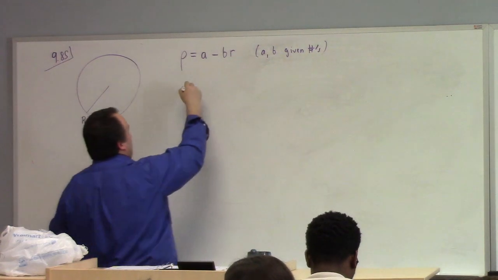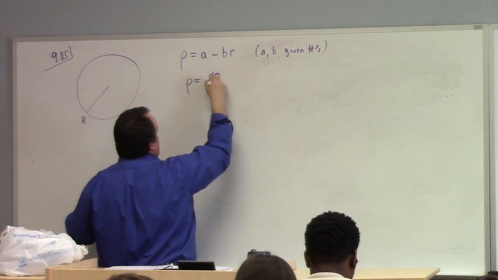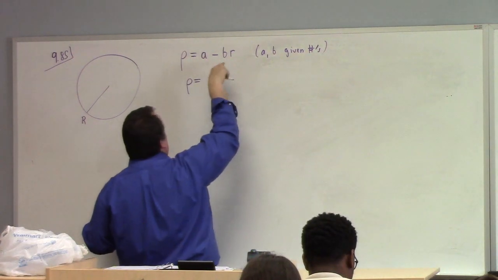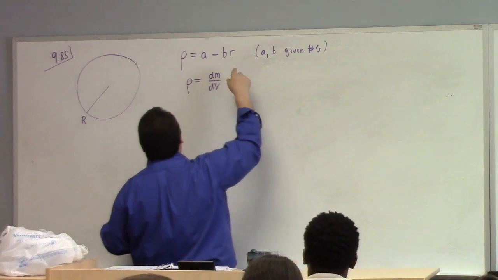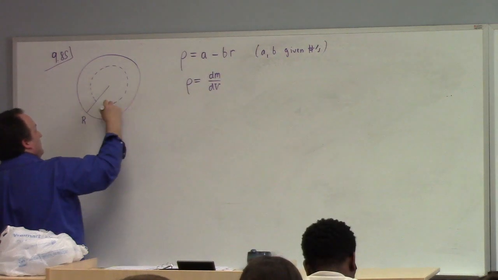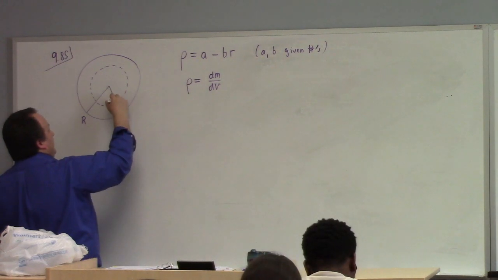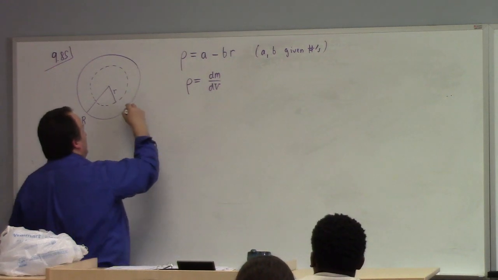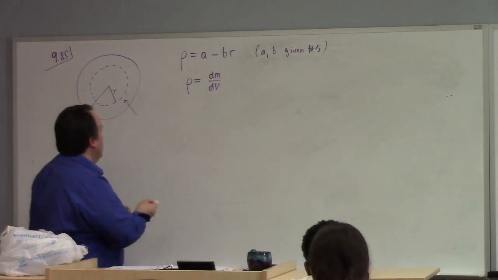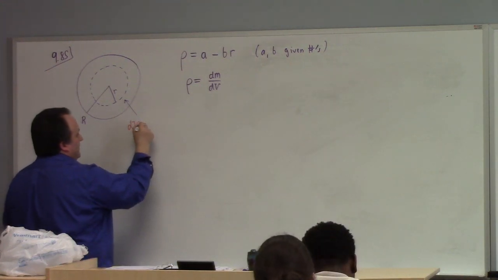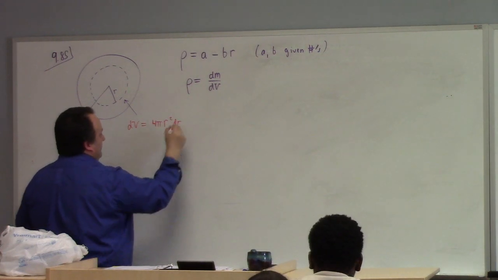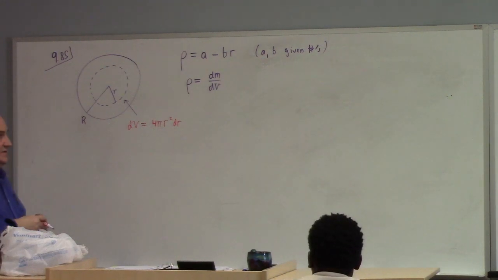So density is equal to mass per unit volume, right? And because the density is a function of the radius, if I look at this like a spherical shell at radius r, then the little bit of volume from such a spherical shell is given by dV = 4 pi r squared dr. That would be the volume of such a shell.